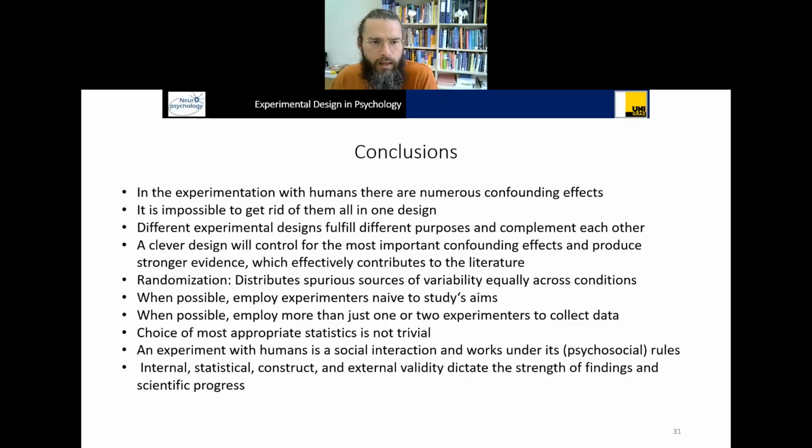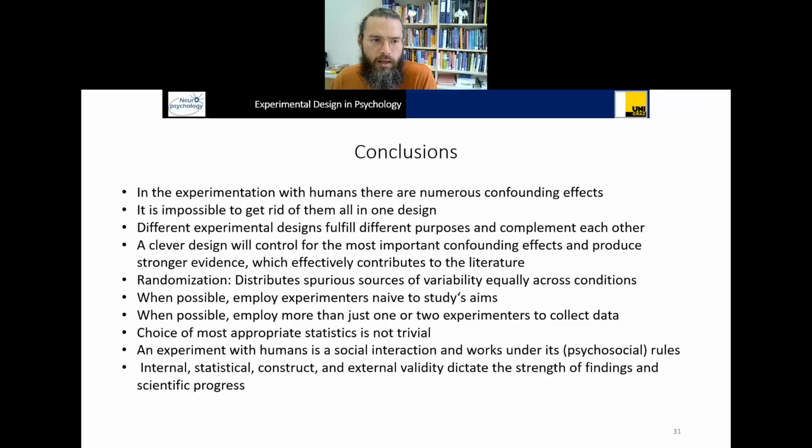In the experimentation with humans, there are numerous confounding effects. It's impossible to get rid of them all in one design, which is why you should always combine different designs, different methods, different materials, and so on. Different experimental designs fulfill different purposes and complement each other.